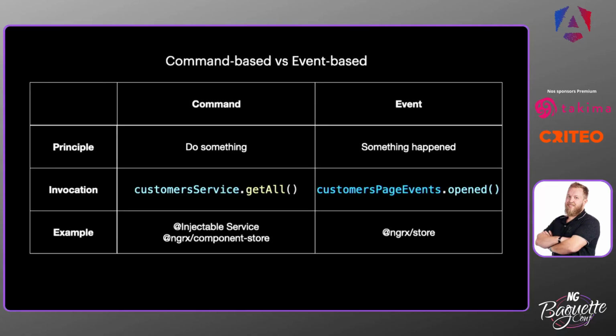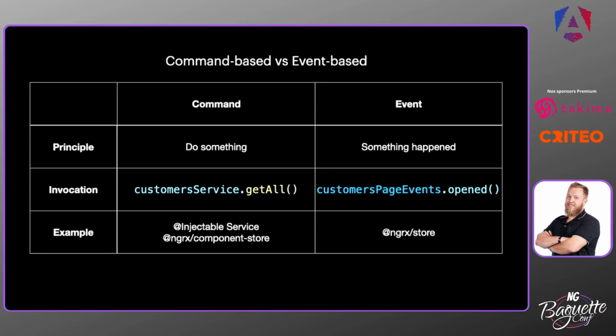You explicitly tell what to do, right? You read data through indirection, but you tell it specifically, hey, do this thing. And again, example is just injectable service, component store, signal store, any of those would kind of work in the command-based approach.